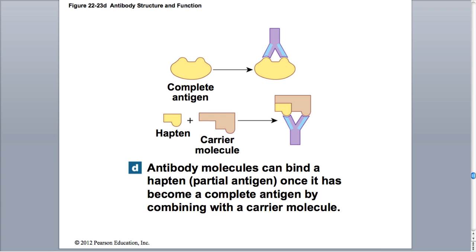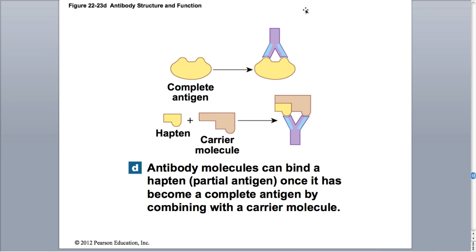Next slide. Here's the difference between an antigen and a hapten. Here is a complete antigen, and see how this part right here sort of mimics this thing. So a portion of an antigen is a hapten.